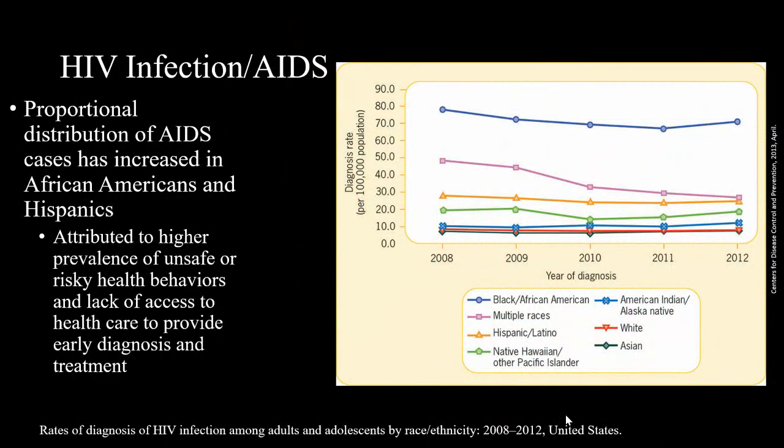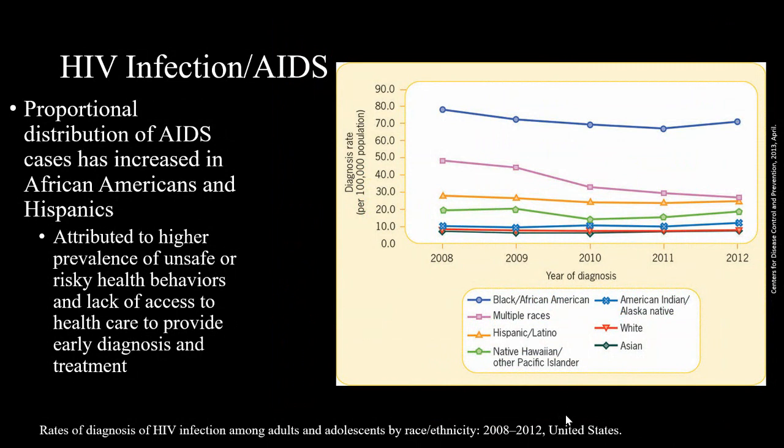In terms of HIV infections, again, you see that the Black or African American race or ethnic group has the highest rates of HIV/AIDS infection. And when you look at those numbers on the left, the 10, 20, 30, 40, 60, 70, 80, 90, those are not percentages.